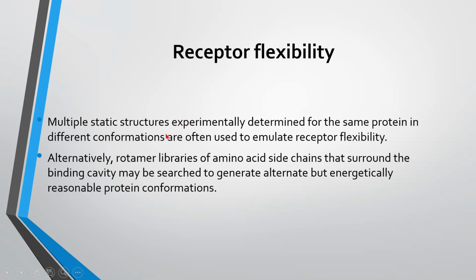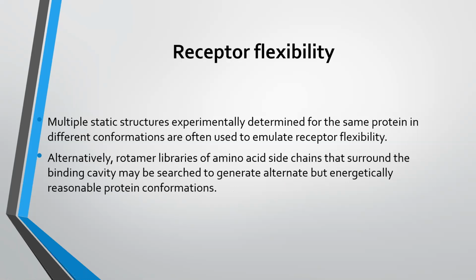If you think that is more cumbersome, the alternative approach is rotamer libraries of the amino acid side chains. I hope you remember what a rotamer library is: the allowed side chain conformations of the amino acids. Such rotamer libraries of amino acid side chains, importantly those surrounding the binding pocket, may be searched to generate alternate but energetically reasonable protein conformations.